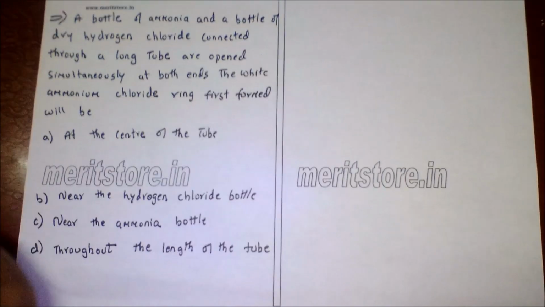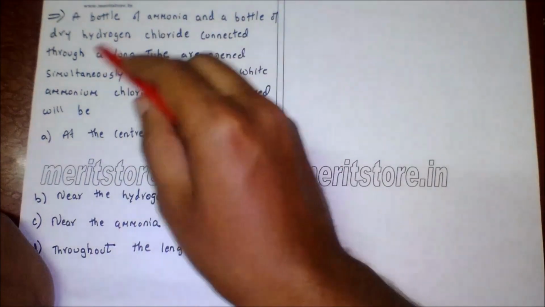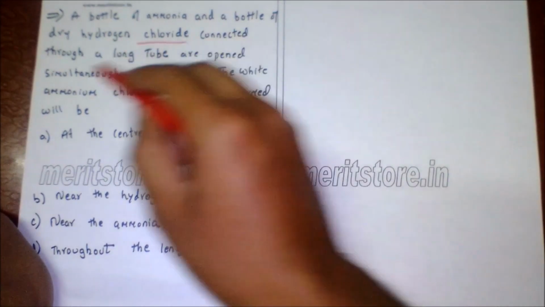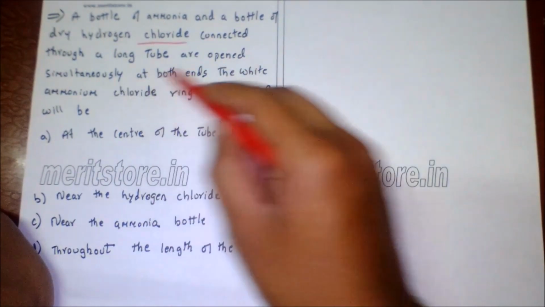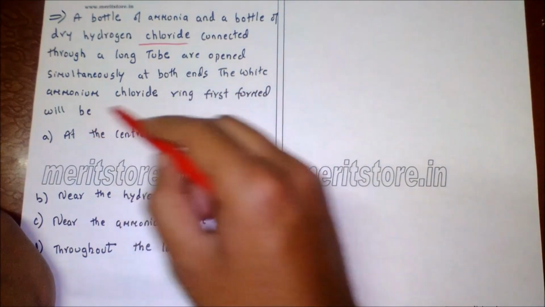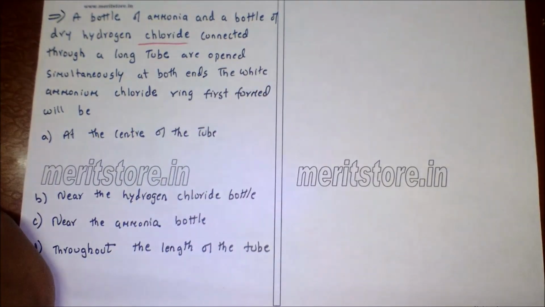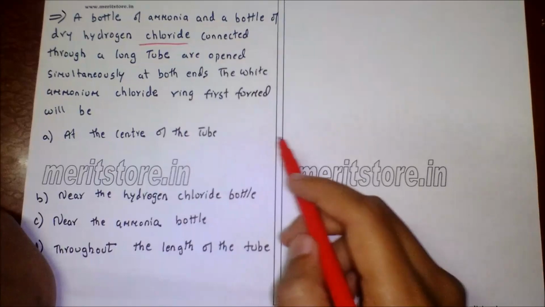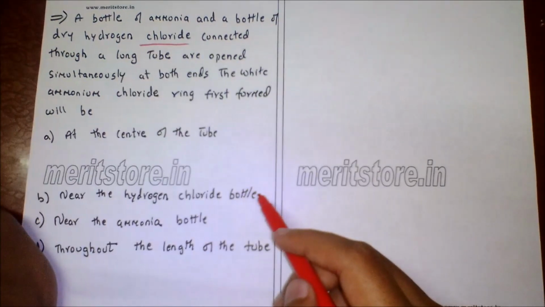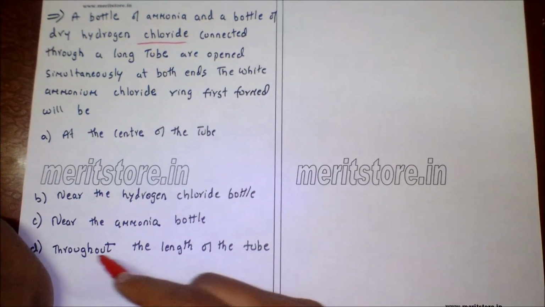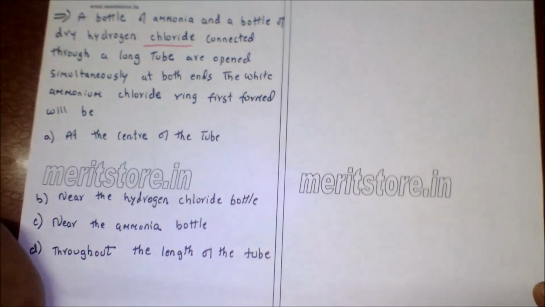Option B. A bottle of ammonia and a bottle of dry hydrogen chloride connected through a long tube are opened simultaneously at both ends. The white ammonium chloride ring first formed will be at: A, the center of the tube; B, near hydrogen chloride bottle; C, near ammonia bottle; D, throughout the length of the tube.